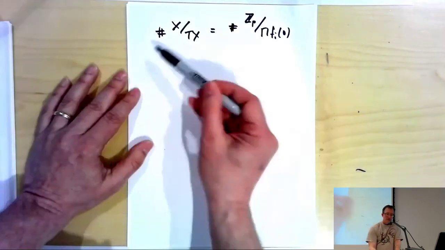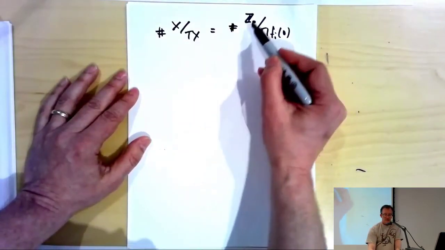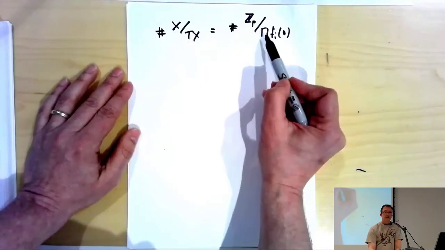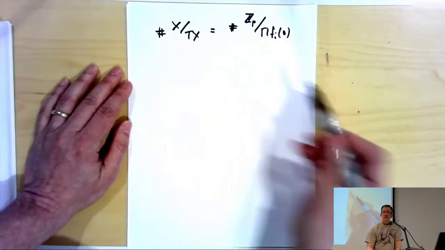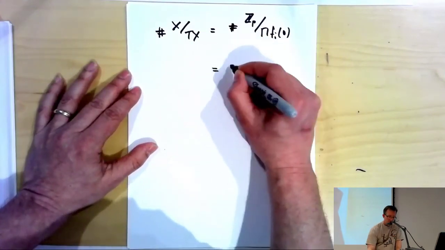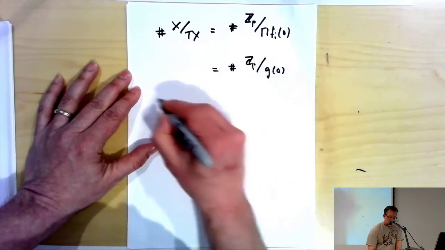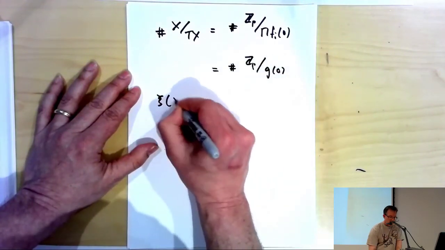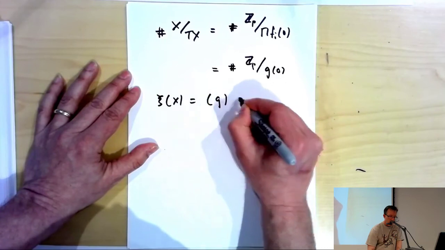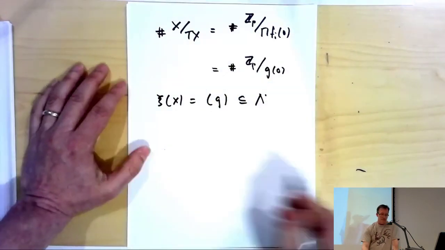So you can extend this with the understanding that if this side is infinite, then that side is infinite, to an equality in general. And one should note that this is the same as the order of Z_p mod G(0) for any generator of the characteristic ideal.